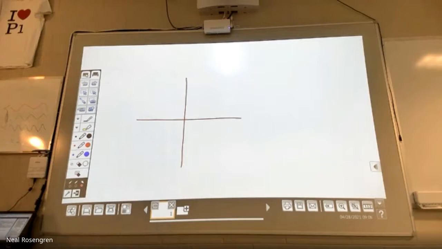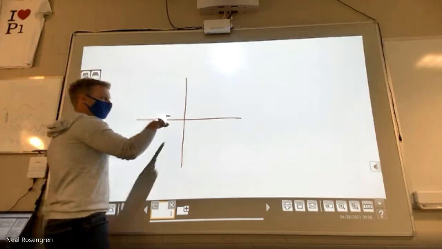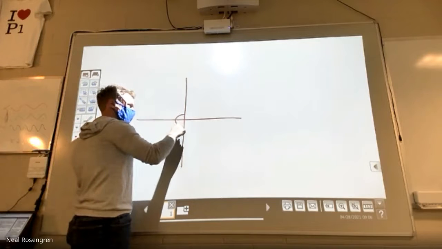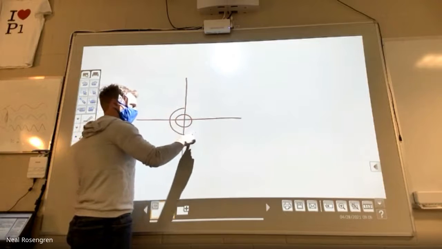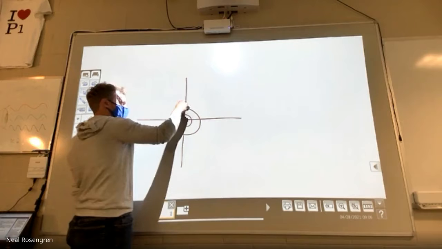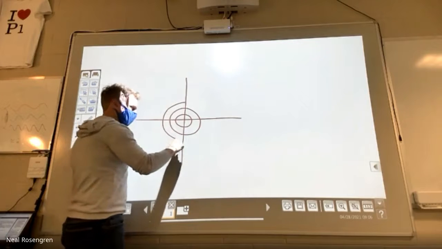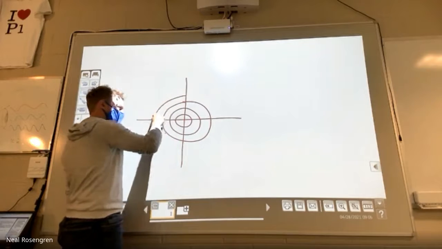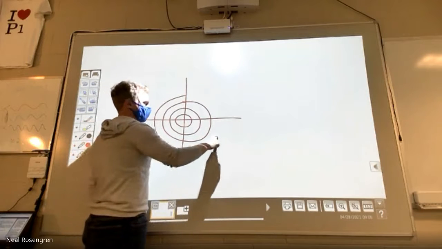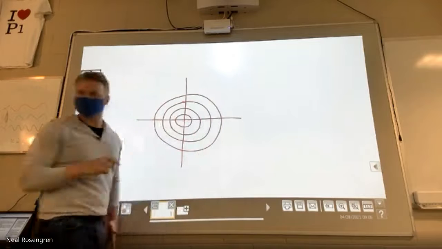And what you can see coming out of there, let's see how well I can do this, are all of the lines of latitude opening up. Can you picture that?